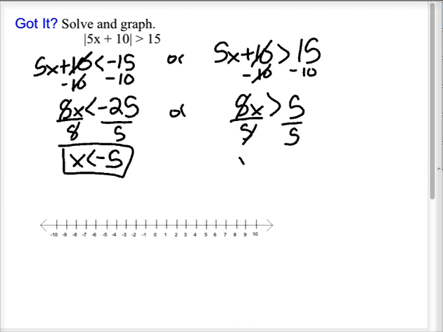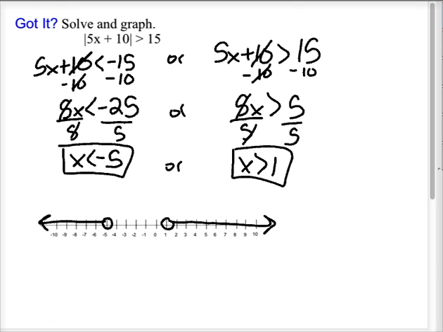Divide by 5. x is greater than 1. So, open circle down at negative 5, pushing left, up at positive 1, pushing right. And again, this visual makes sense because we've been discussing since the very beginning of the problem that it's a greater than absolute value, so it's pushing out.